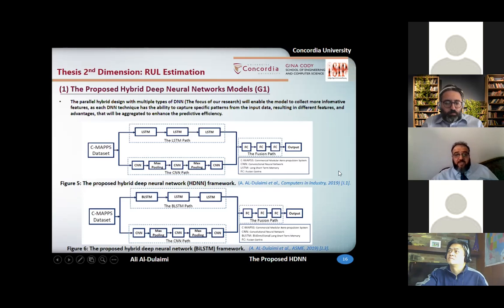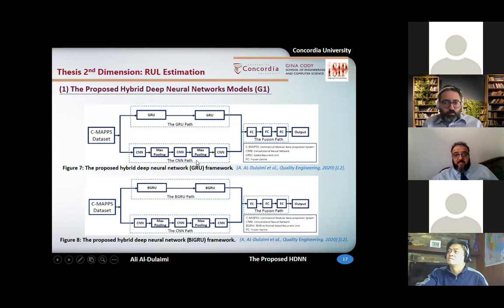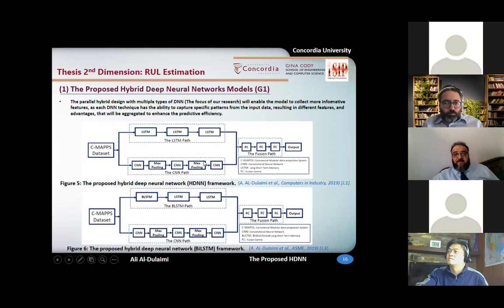We can see that all the proposed models are based on two parallel paths, followed by a fusion center that will combine the result of the two parallel paths to form the RUL.